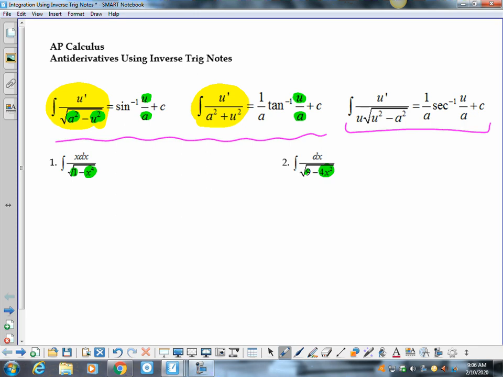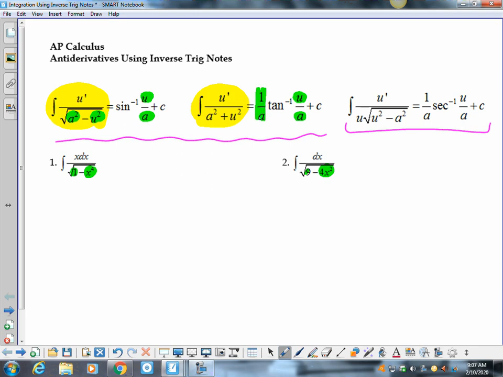So it's sine inverse of u over a and tangent inverse of u over a. Now, who is u? Is u the one with the variable or is u the number? He's the variable. So it's variable over constant. Variable over your constant. Now, what does tangent inverse have that sine does not?